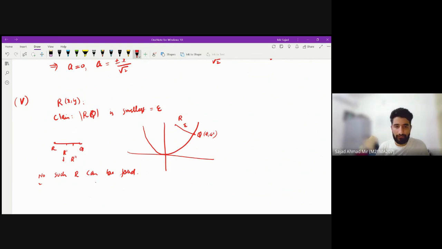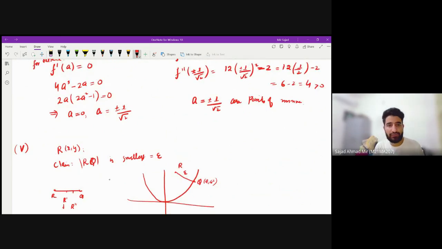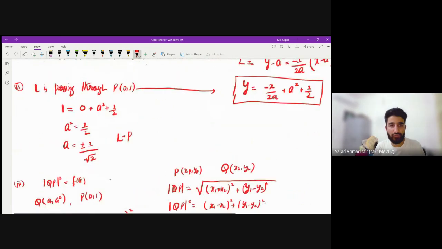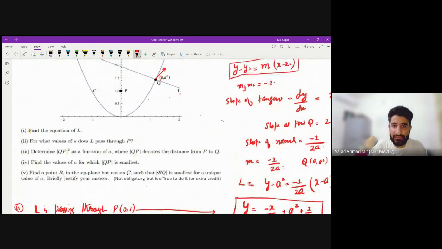So no such R exists uniquely, or no such R exists, because if the distance from Q is minimum in some neighborhood of Q, then I can find a smaller neighborhood of Q such that the distance is further smaller. So no such R exists.